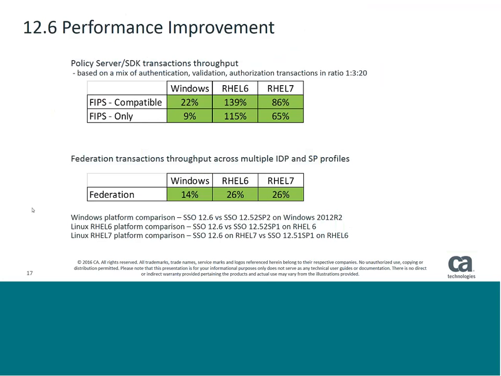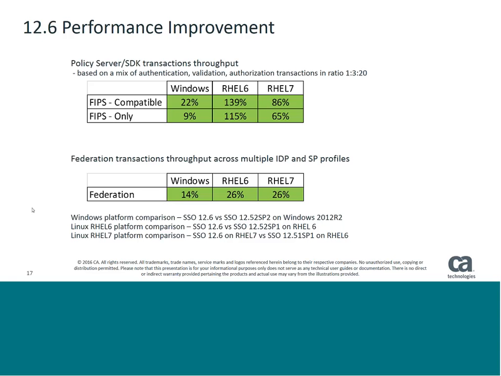When we talked a little bit about the performance improvements, we wanted to share some information, some data. These are data that are out of our labs. Your implementation will vary. The responsiveness of your user repository, the size of payloads and SAML assertions. There are a variety of things that will vary from these numbers.